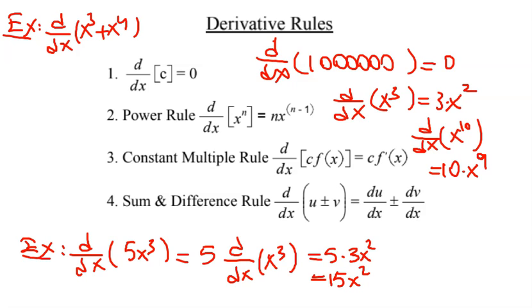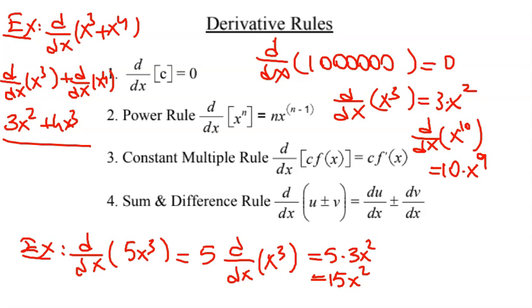This expression is equal to d over dx x cubed plus d over dx x to the fourth. Now you can take the derivatives separately and put them back together. So we get 3x squared plus 4x cubed. That's what it says right here.